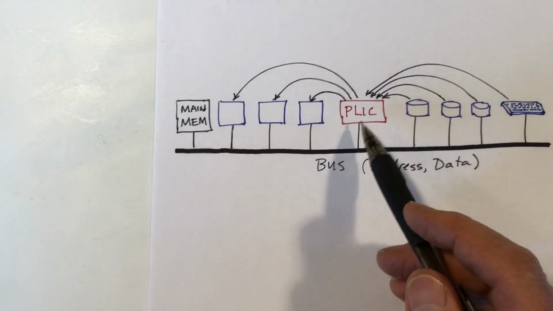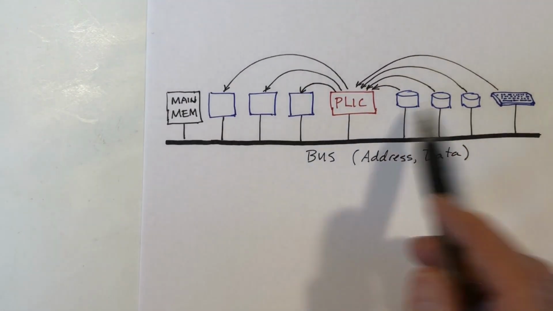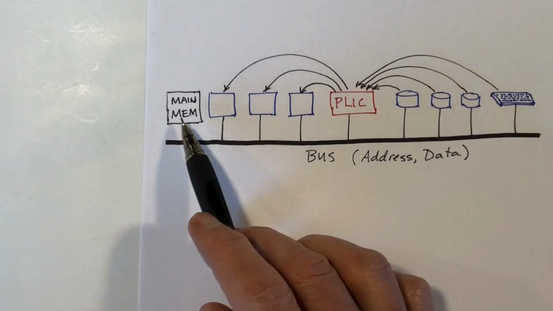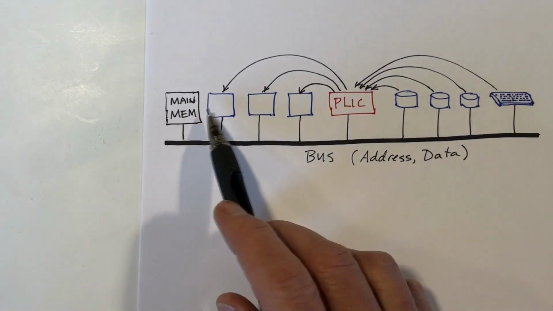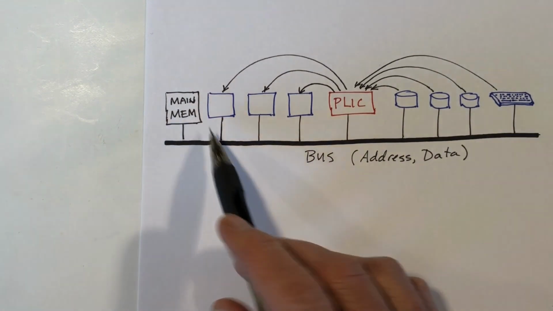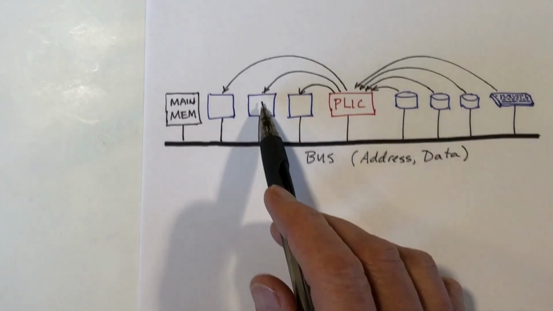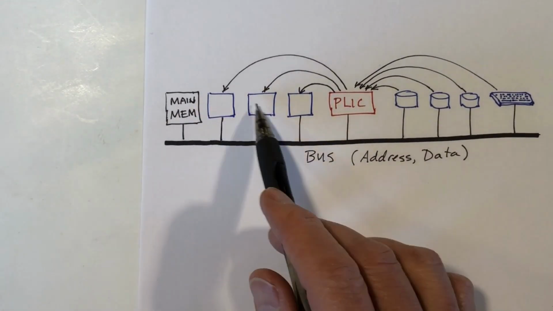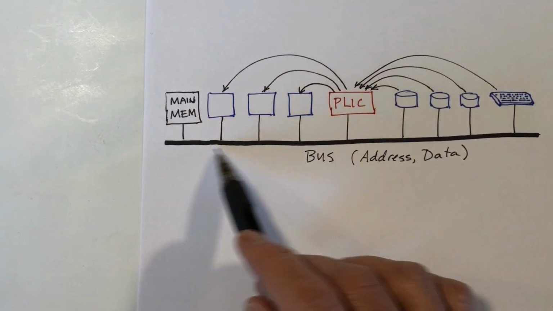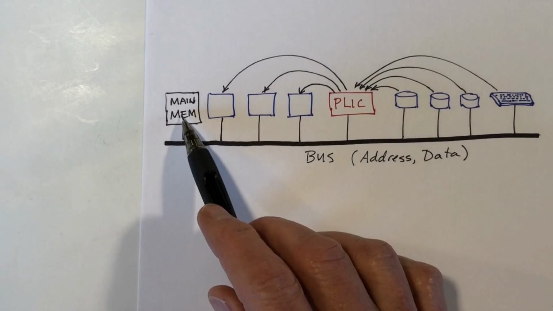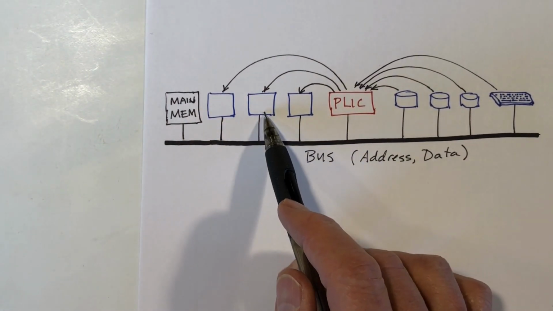Now the PLIC is connected along with the I/O devices and the cores and the main memory to some other interconnects. Here I've shown the cores and main memory, and typically there's a bus down here. So if a core wants to read or write to main memory, it sends a request on this bus, and data is sent either to the main memory or to the core.